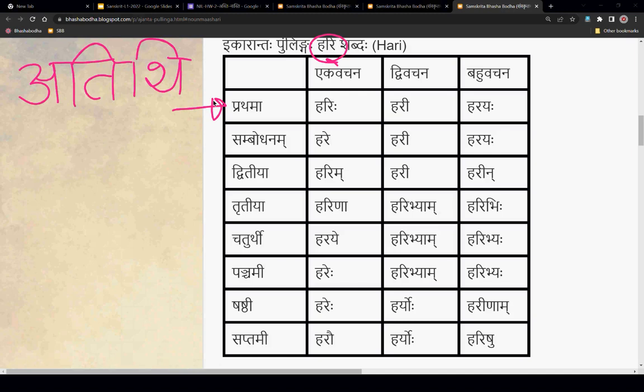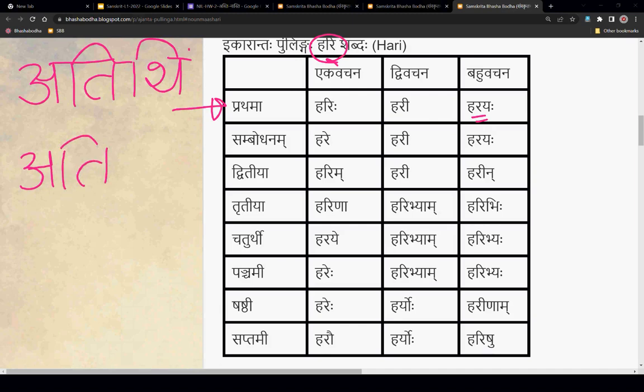Not Atityaha. In Hari, the E in Ri goes away, only R stays, and then you add Yaha.